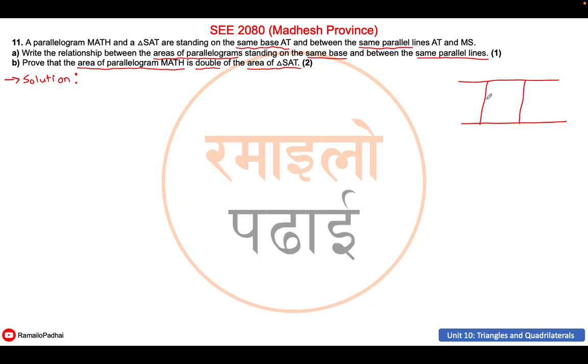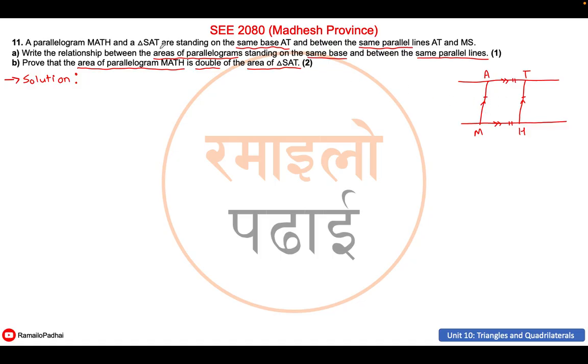It is too wobbly. Okay, so the parallelogram is MATH. So this is a parallelogram because these opposite sides are parallel and equal, and these two opposite sides are also parallel and equal.